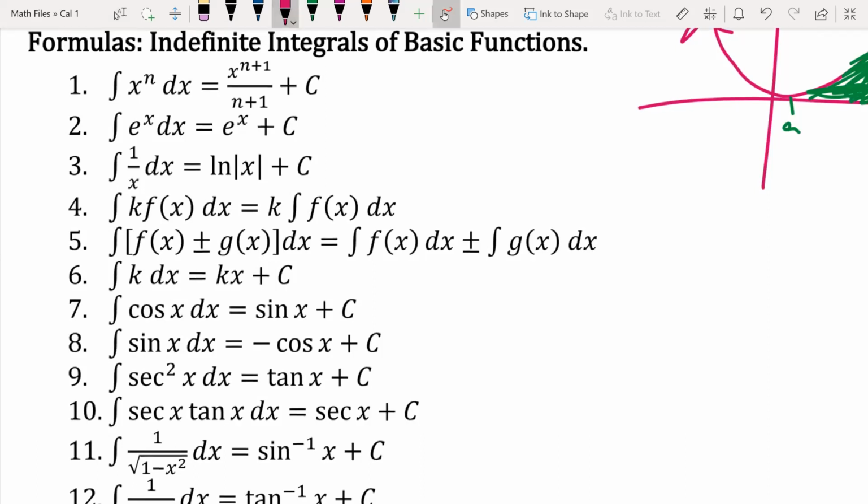If you're given any function in the form of x to the nth power, then the antiderivative of x to the n is given by x to the n plus 1 over n plus 1 plus c, the constant of integration. This is the most popular one.